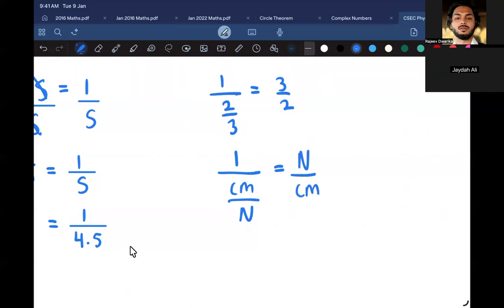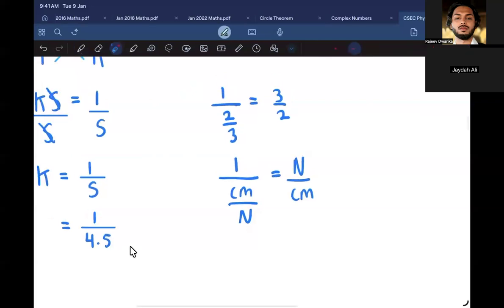Right, that makes more sense. What I'm saying is, if you have 1 over a fraction, the final answer is just the reciprocal. You just flip it. So if the units were centimeter per Newton, then the new units would be Newton per centimeter. Do you understand that? Yes.